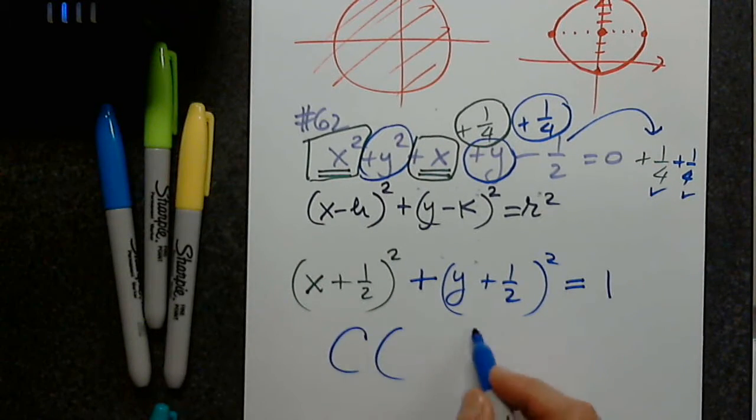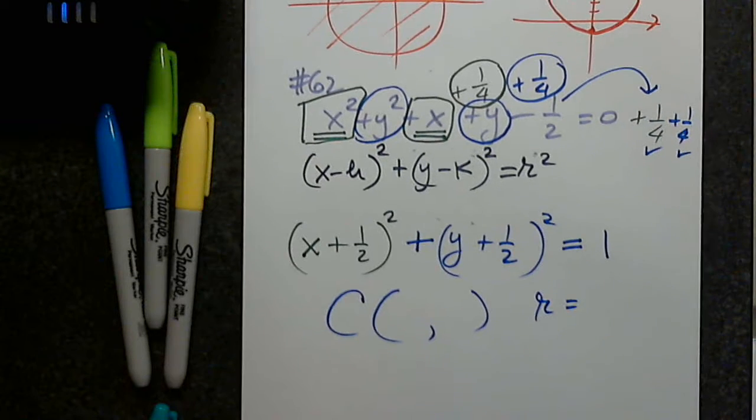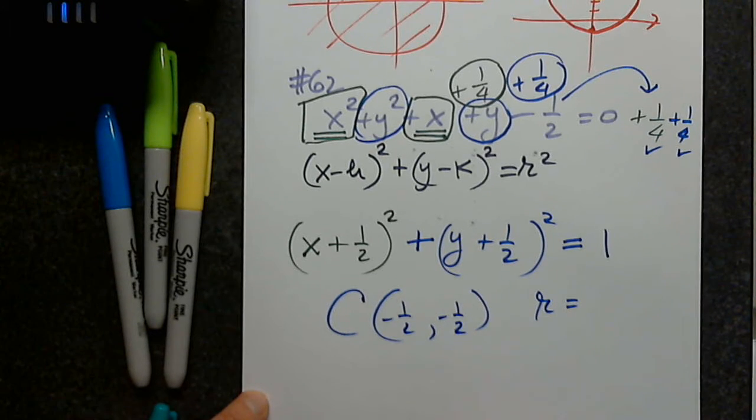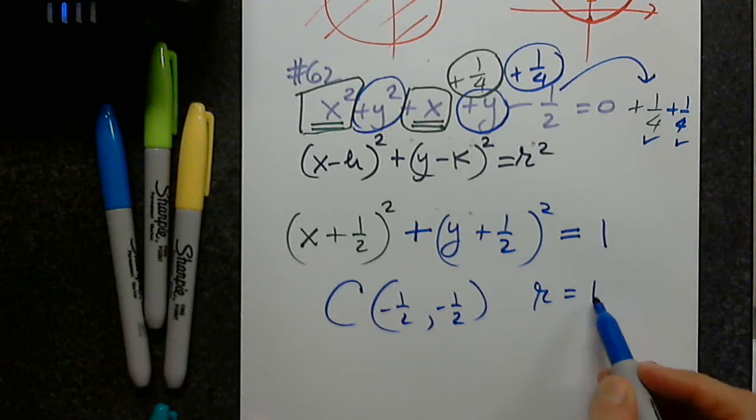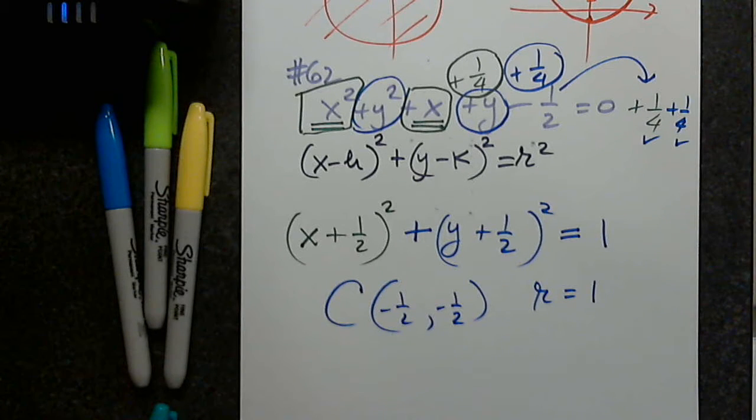I need the center now, and I need the radius. Very good, awesome. And the radius. That's it. The square root of 1 is 1.